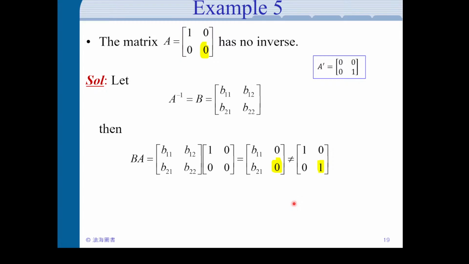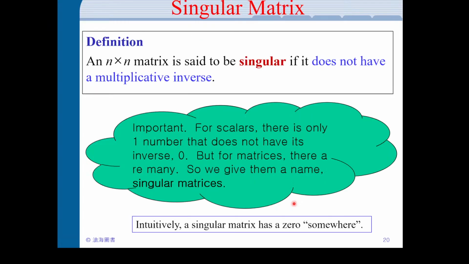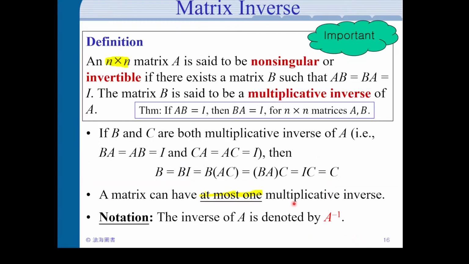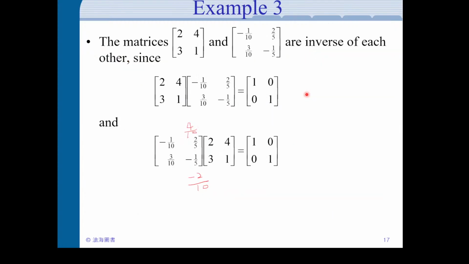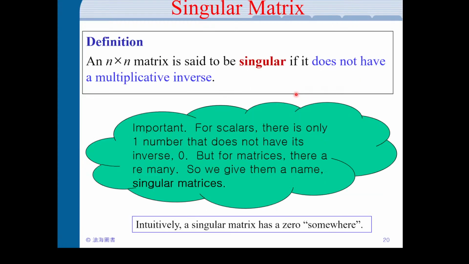Okay, and we have a name for a matrix that's not invertible. It's called a singular matrix. We kind of already know the name because an invertible matrix is called non-singular. So it's a double negation here. Invertible means non-singular, and singular means not invertible. It's just a name. And as we said, intuitively a singular matrix has a 0 somewhere.